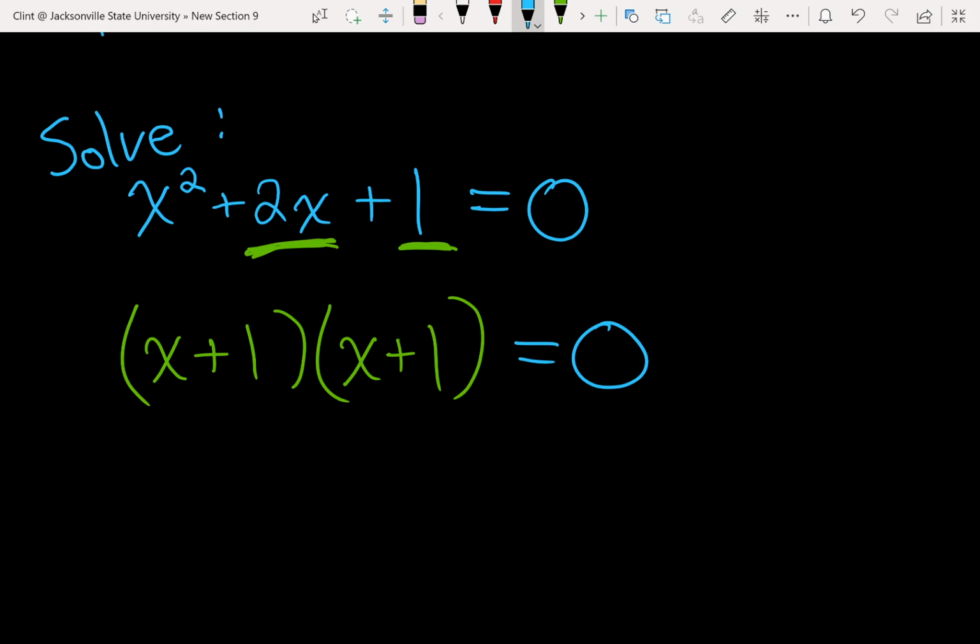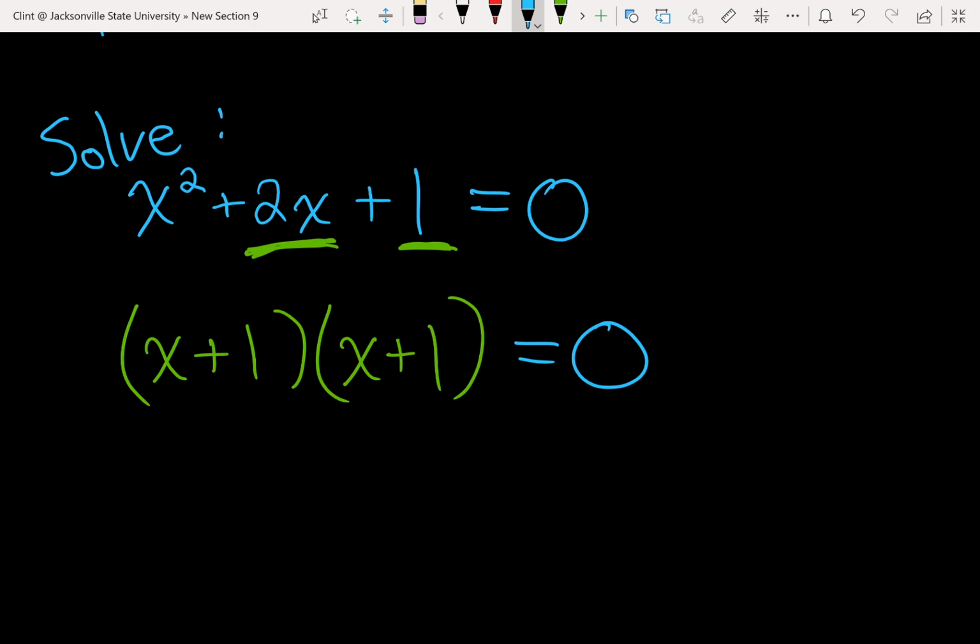Yeah, we said each factor equal to 0. There's a property that says if you have two numbers, this is some number times this number, and when we multiply, we get 0. So there's only a couple of ways, well, 3 ways, I guess, that can happen. And that's unique to it equaling 0 on the other side.